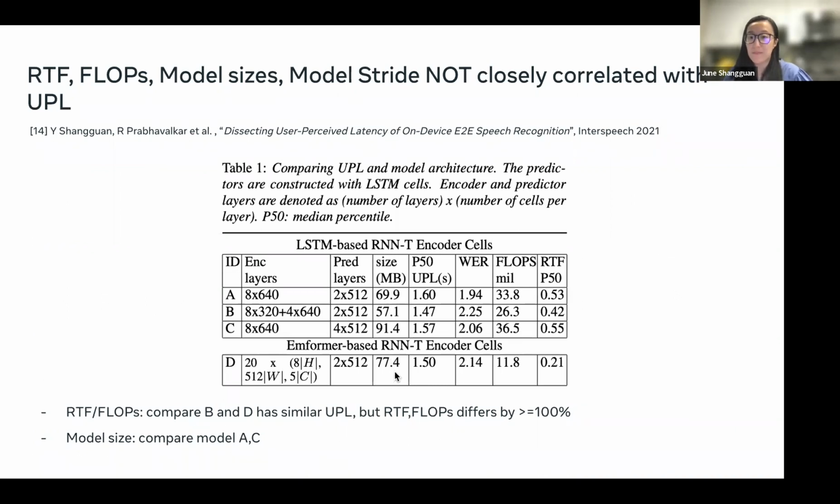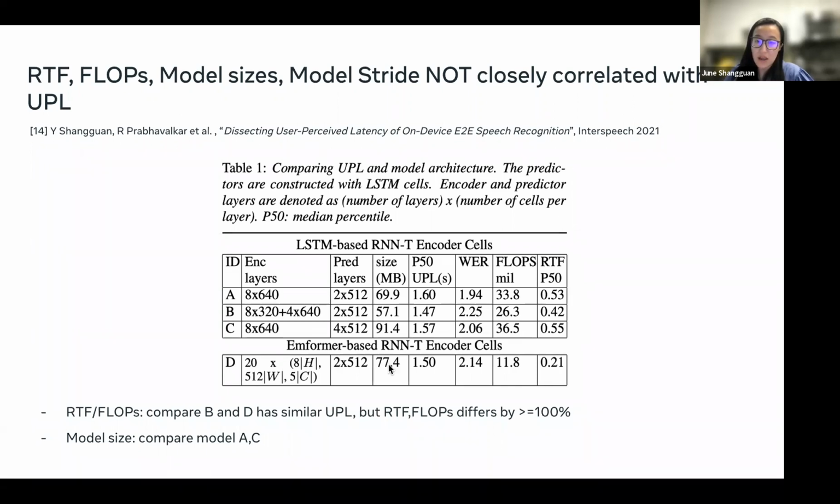This is 50 percentile user perceived latency, our target. And here are the other metrics reported. If we look at model B and model D, these two models have similar UPL, user perceived latency, but their RTF is drastically different. So is their size.